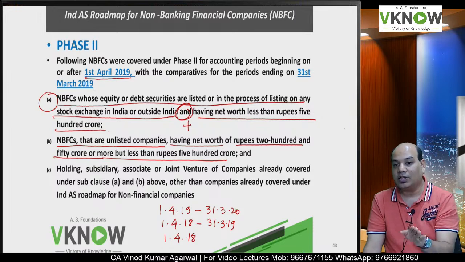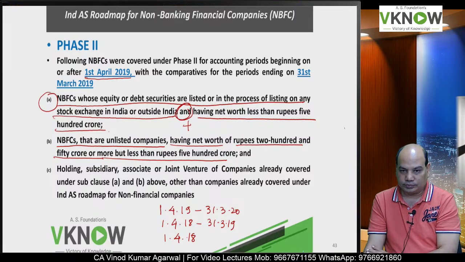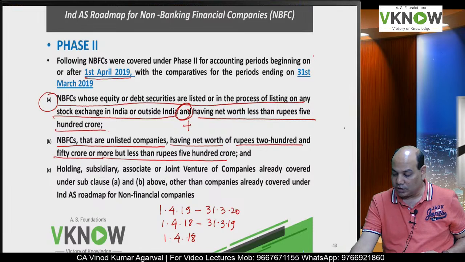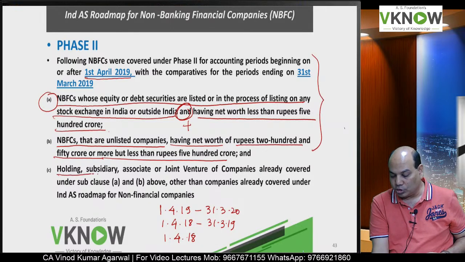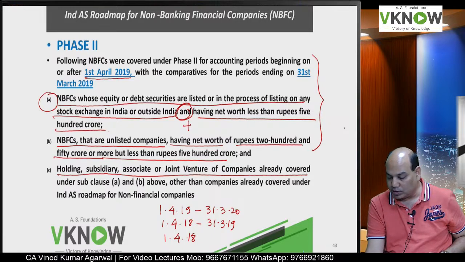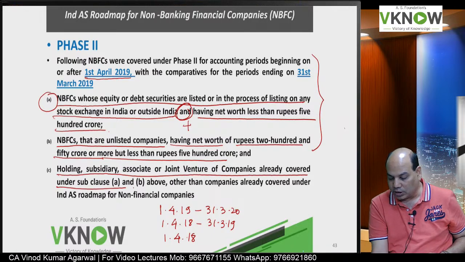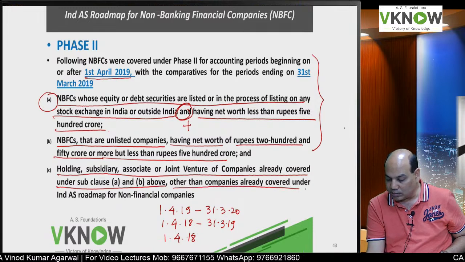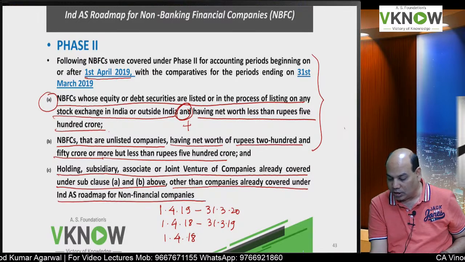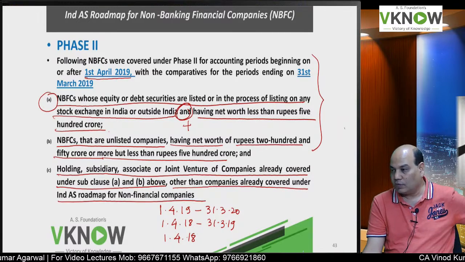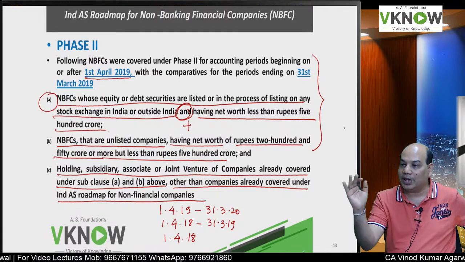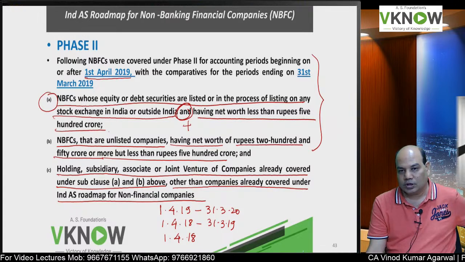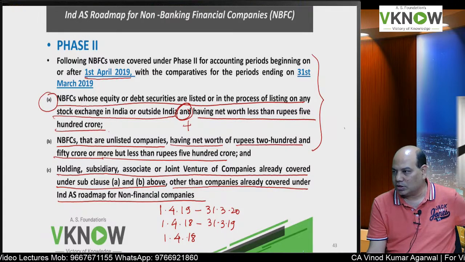Unlisted and net worth below 250 crore. But if it is applicable to an NBFC, it is also applicable to its holding, subsidiary, associate, joint venture companies which are covered under A and B, other than companies already covered under the Ind AS roadmap for non-financial companies. So if those non-financial companies are already covered, then they will have to follow Ind AS in any case.